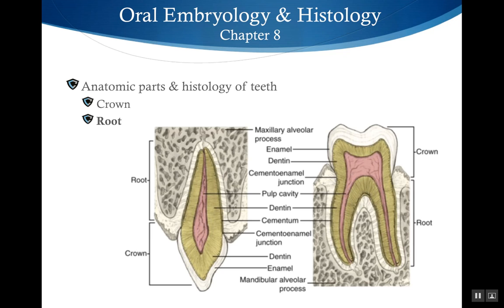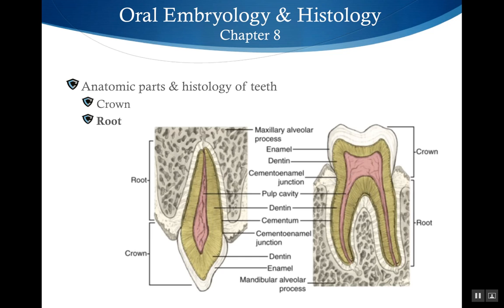Typically, the area where the root divides, so in the case of this mandibular or lower molar, those typically have 2 roots. The area where the tooth divides into its 2 roots, this area right here, is known as the furcation. So a bifurcated root means that the tooth is divided into 2 roots, whereas a trifurcation means that the tooth is divided into 3 roots.